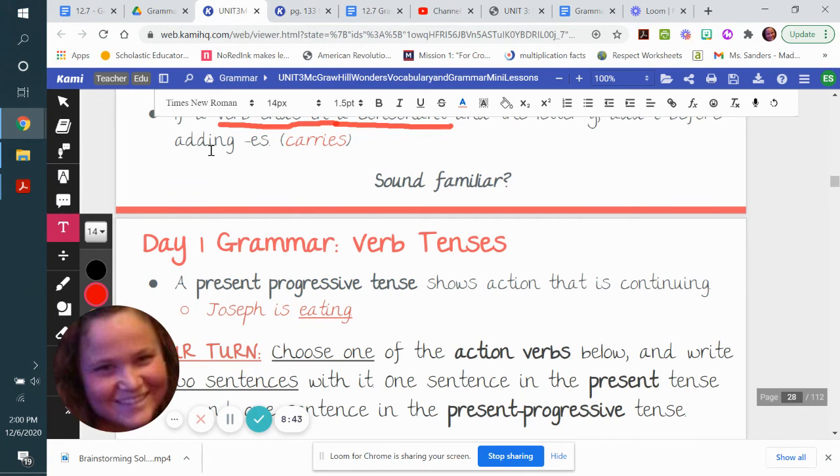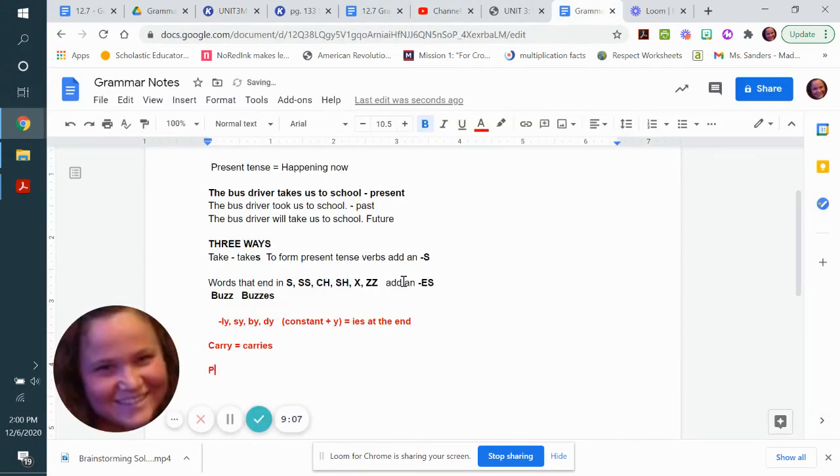All right, then they also want to mention the present progressive tense, which shows that not only is it happening now, but it's going to continue to happen. So actions such as eating or walking. We're going to put in there present progressive tense means continuing to happen.